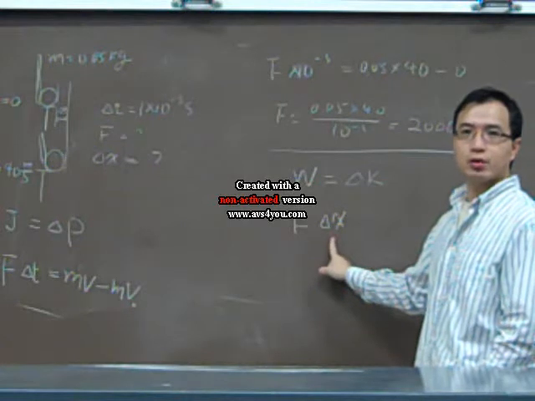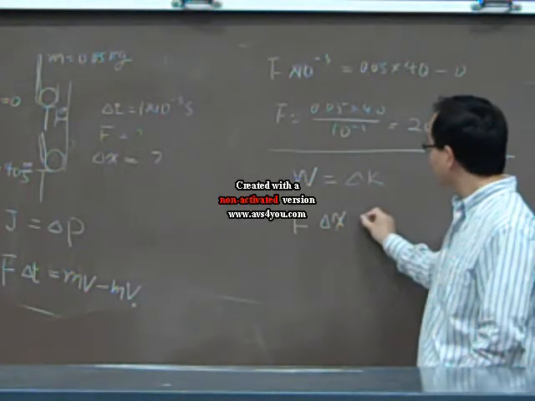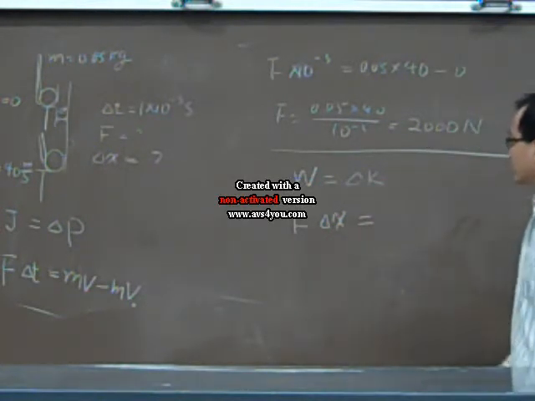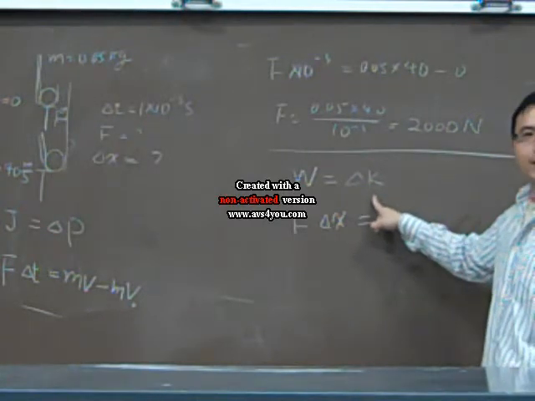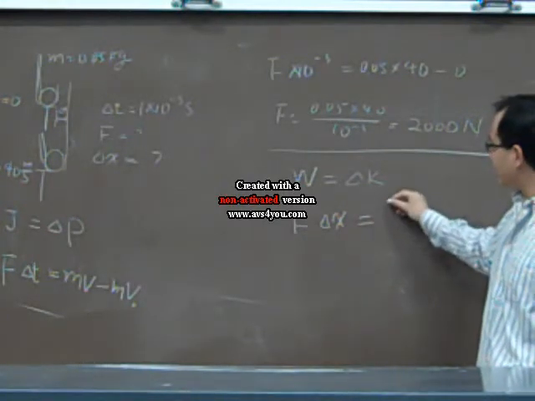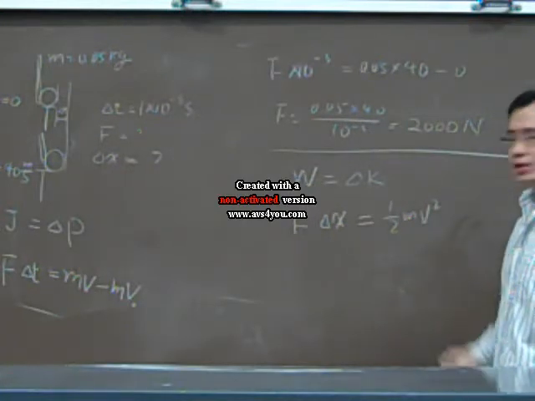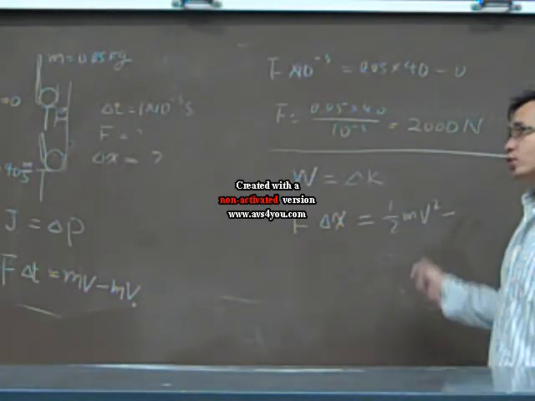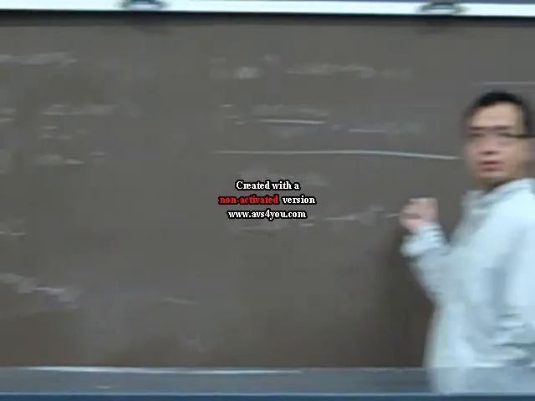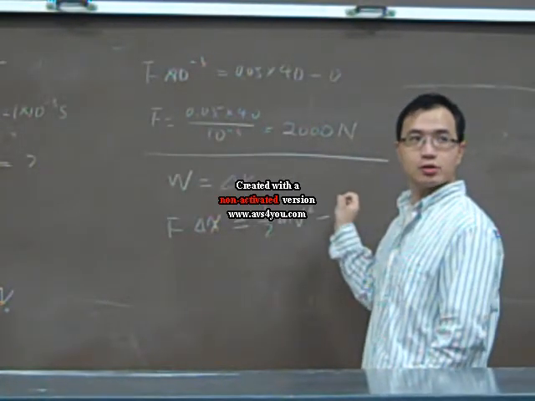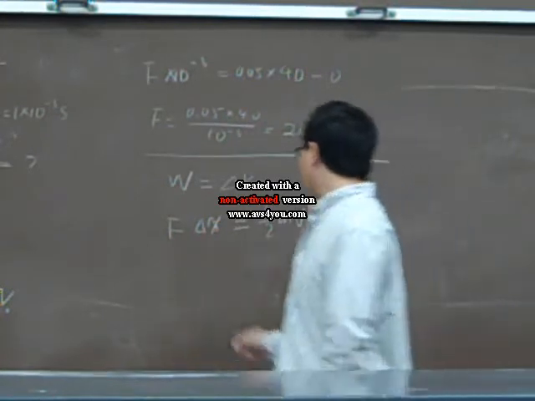So that's related to the quantity being asked. And this will give you the change in the kinetic energy. The change in the kinetic energy will be the final kinetic energy, 1/2 mv squared, minus the initial kinetic energy. What's the initial kinetic energy? 0.